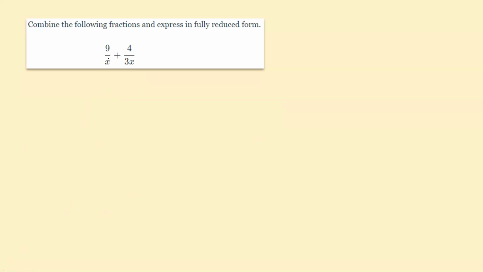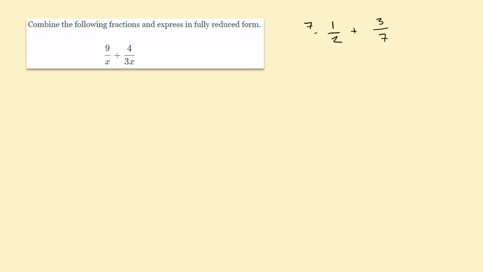Now here's one where we do not have a common denominator. So thinking back to a normal fraction without any algebra, maybe something like this. We want to find a common denominator, and in this case our common denominator would have to be 14.